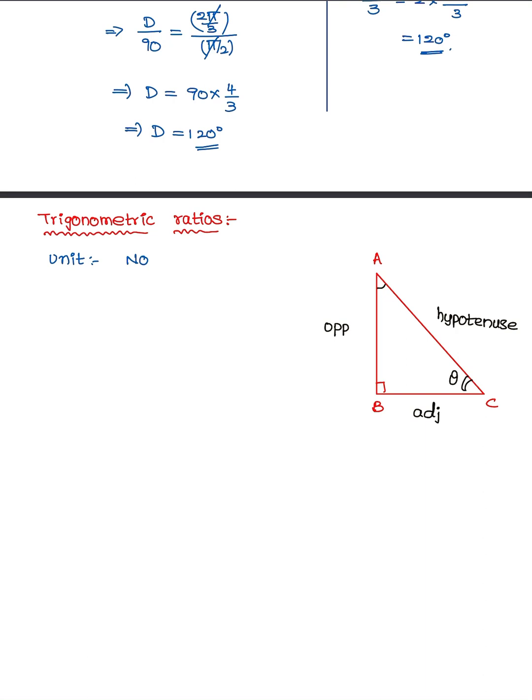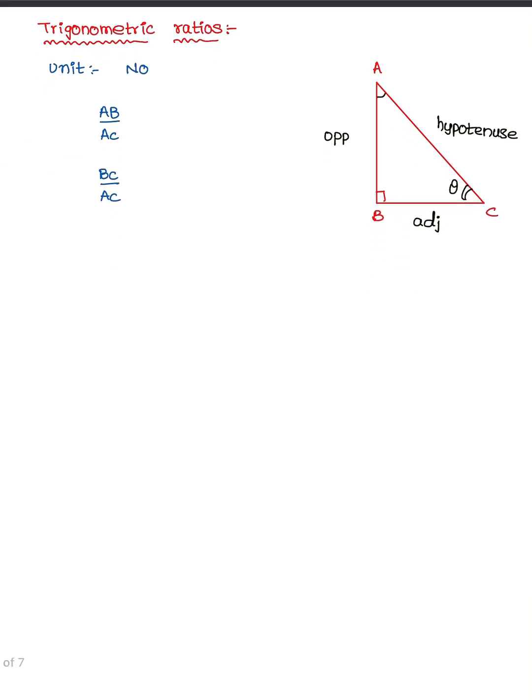If we take the ratio of the sides here, observe carefully. The possible ratios are AB upon AC, BC upon AC, AB upon BC, AC by AB, AC by BC, and BC upon AB.